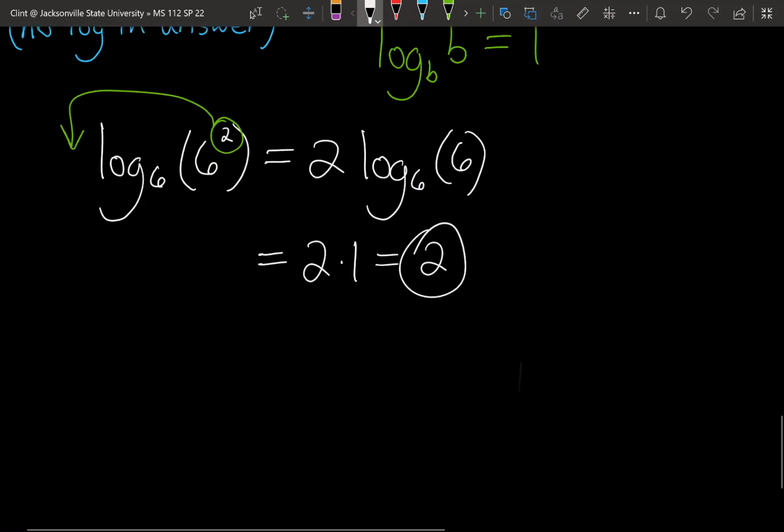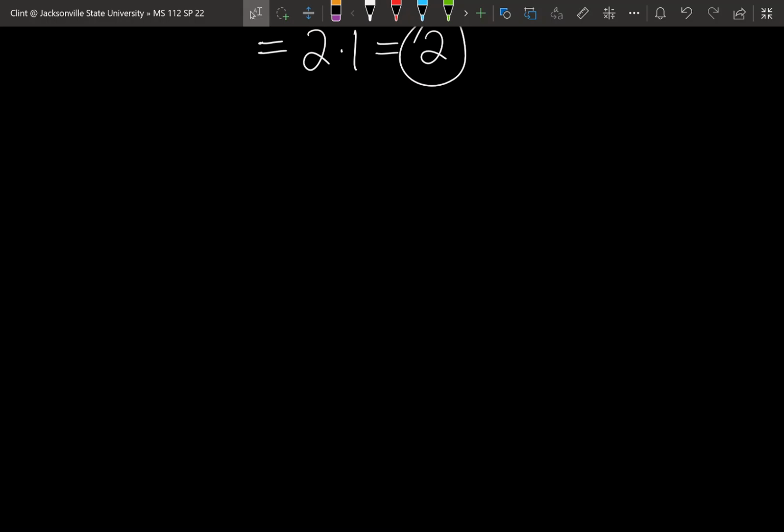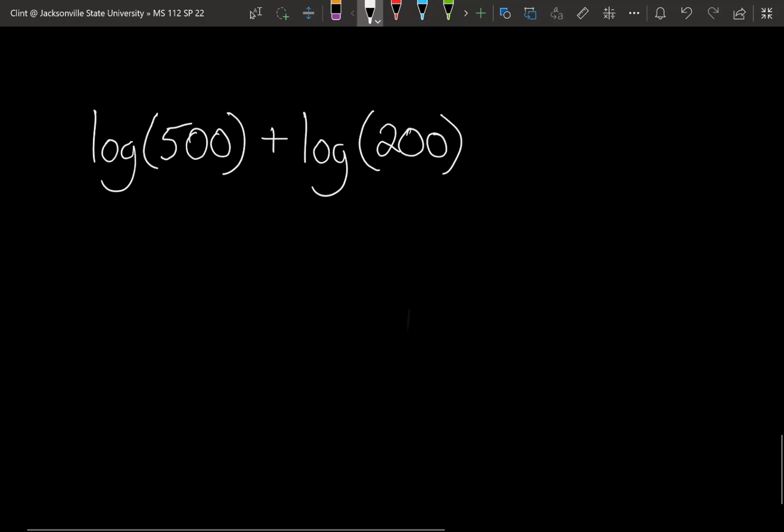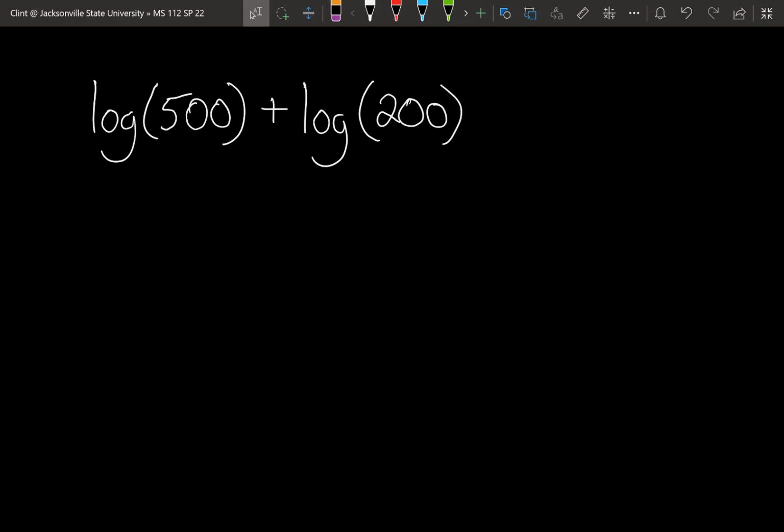Let's do another one. Sometimes these are not real easy to see what to do. Those logarithms are common logarithms, where we don't write the base. You remember what the base is on those? 10.